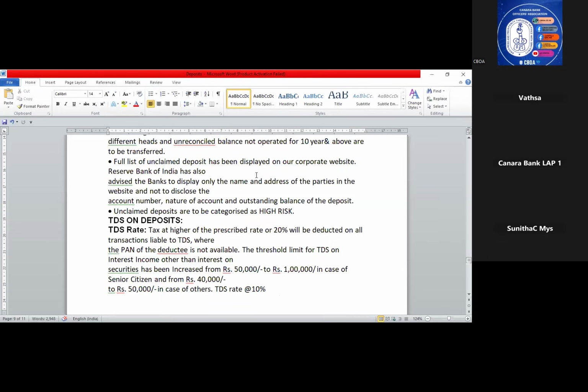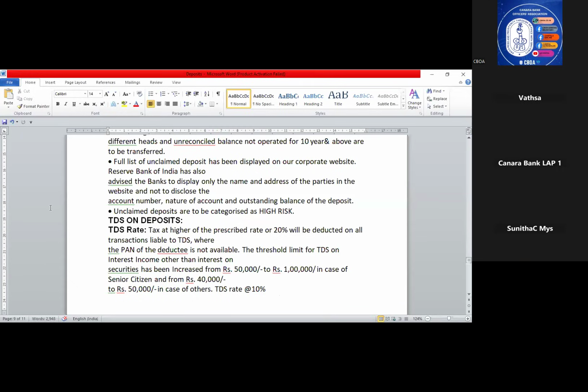Okay. They can verify from the bank's website. They can come and ask you.